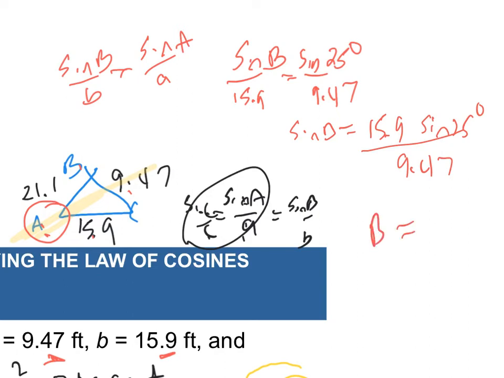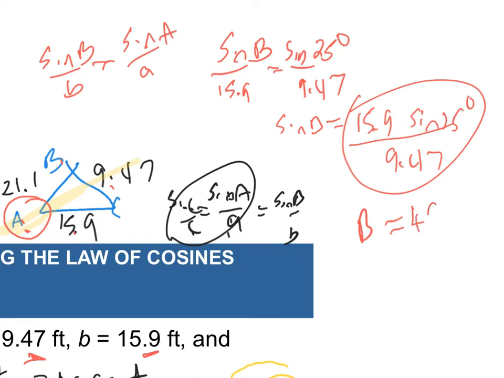So whatever answer you get, don't forget to do the inverse sine of that answer. I'm going to work on it. I got 49.1999 degrees. And that is not big enough to make that a 50. So I'll just call it approximately 49 degrees.